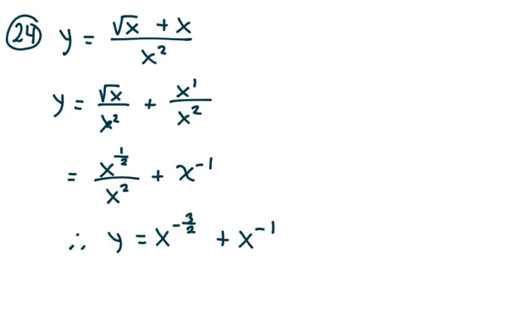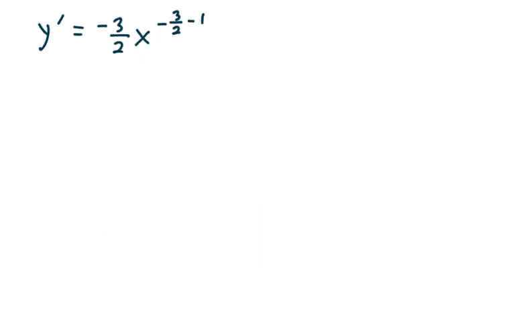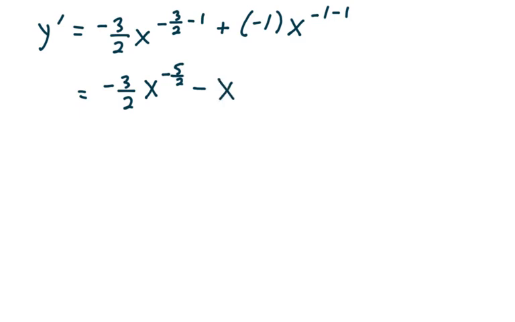So I'm just applying the power rule to this first term. And then I'm going to apply the power rule to the second term and add them together. So I'm going to get negative 1 x to the negative 1 minus 1. So this is negative 3/2 x to the negative 5/2 minus x to the negative 2. And so this is negative 3 over 2x to the 5/2 minus 1 over x squared.